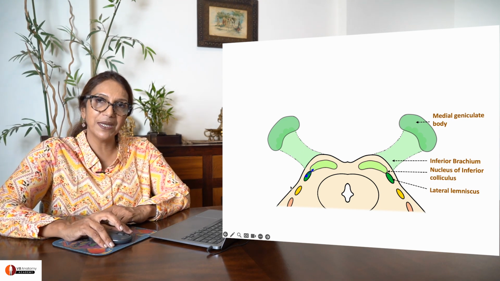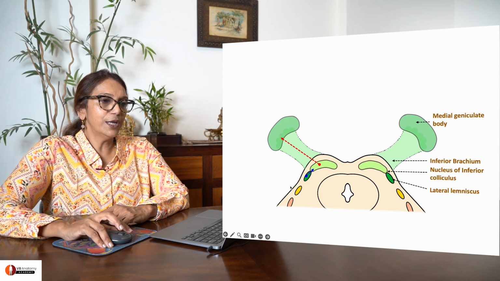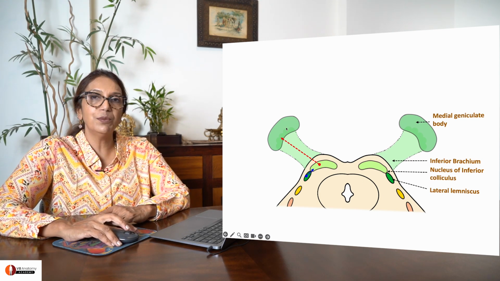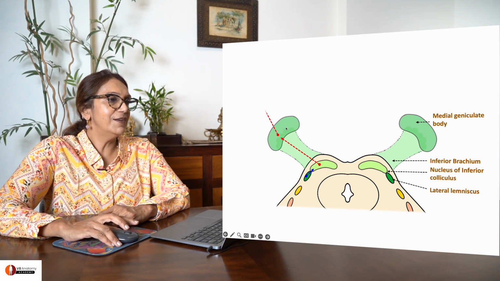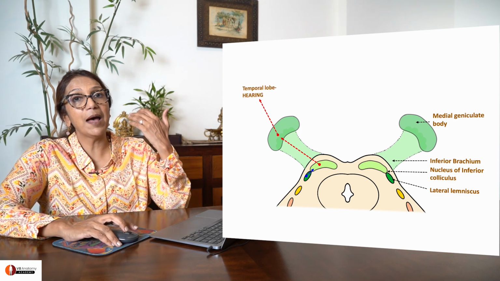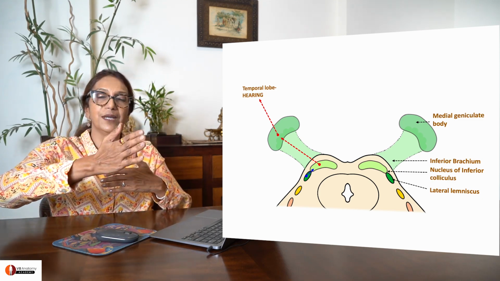You can see that happening here. Nucleus of inferior colliculus now sends that hearing through the inferior brachium to the medial geniculate body, which then carries it up to the temporal lobe and hearing happens. The person hears.